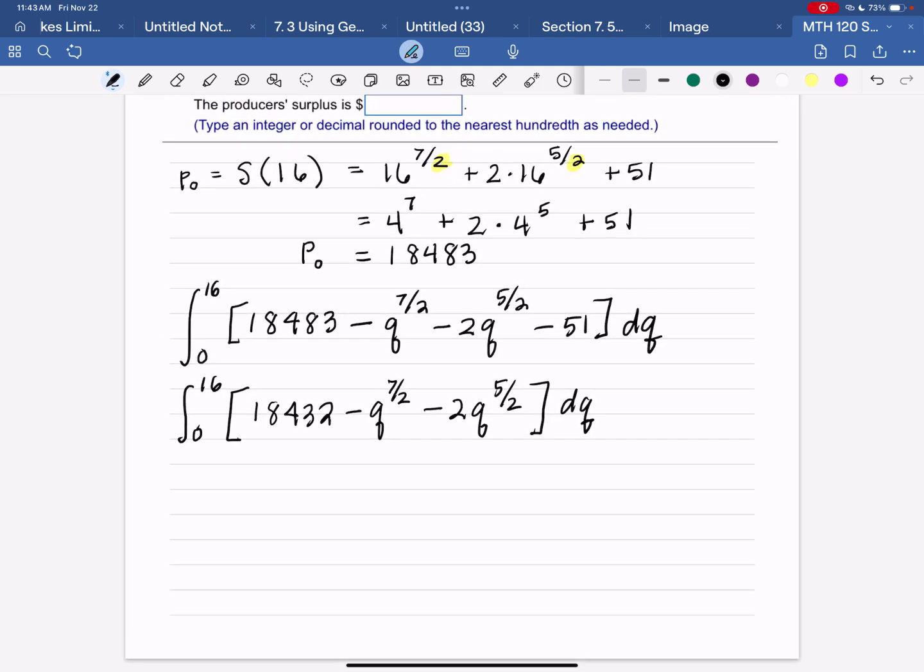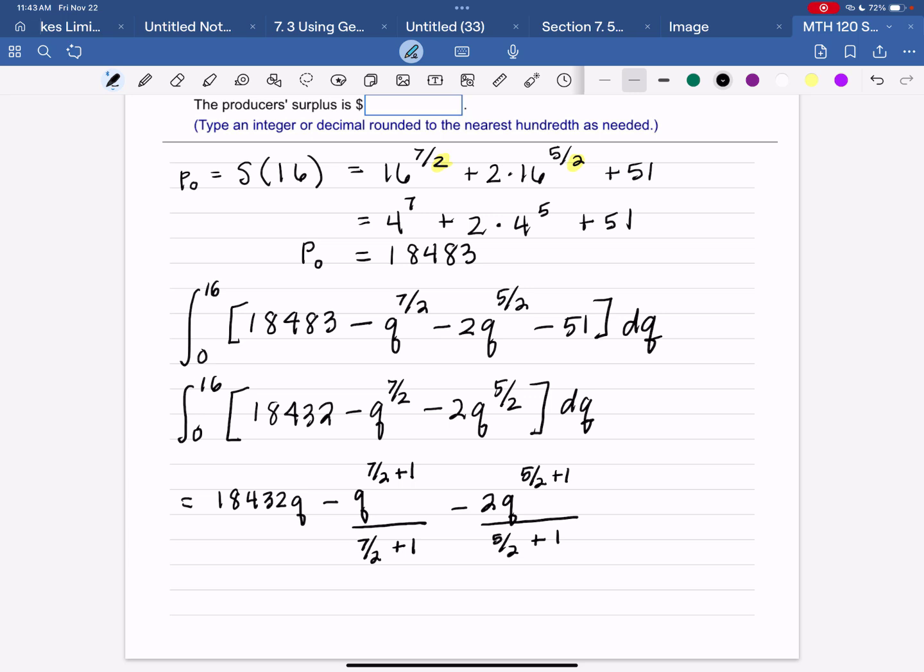So the integral of 18,432 dq is 18,432q minus Q to the 7/2 plus 1 divided by 7/2 plus 1 minus 2Q to the 5/2 plus 1 divided by 5/2 plus 1.